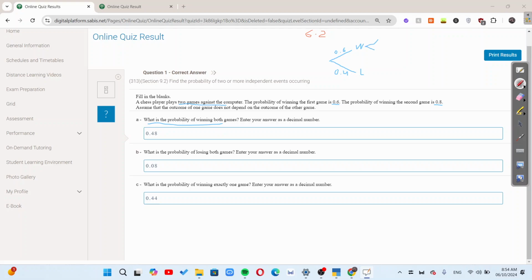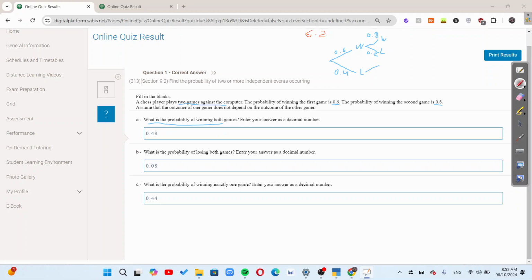Now when he plays again, he could either win or lose. They told you the probability of him winning the second game is 0.8, and it doesn't matter if he lost the first game or won it. His probability of losing again is 0.2, because 1 minus 0.8 is 0.2.